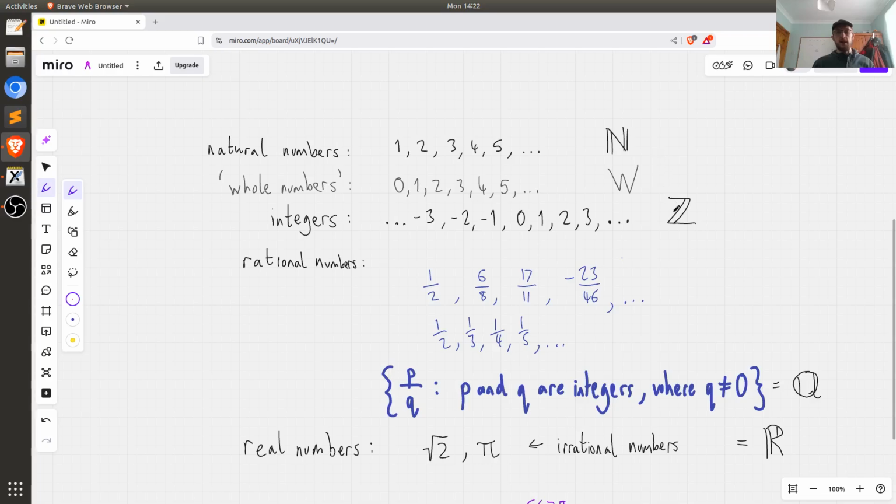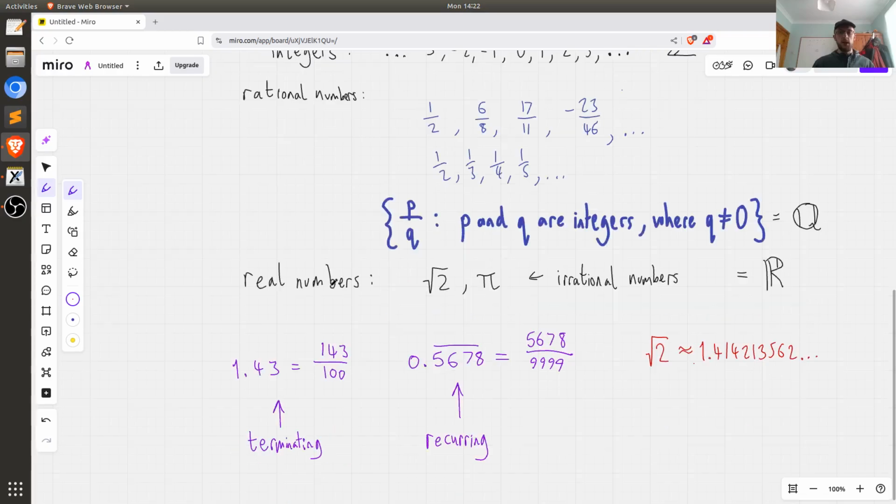N, Z, Q. Natural numbers, integers, rational numbers. And then the real numbers, whose symbol is R, include every single number on the number line, including irrational numbers like the square root of 2 and pi.